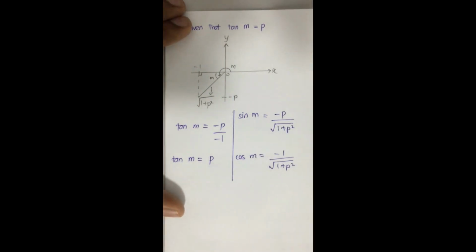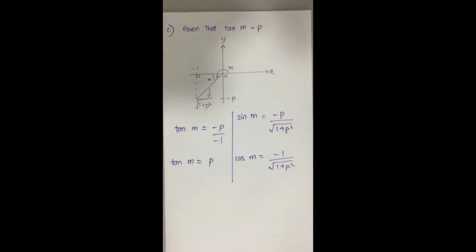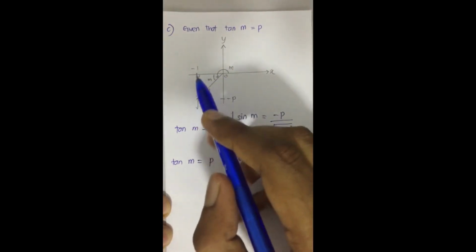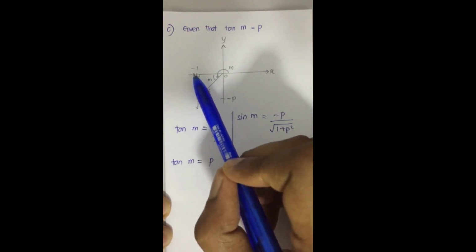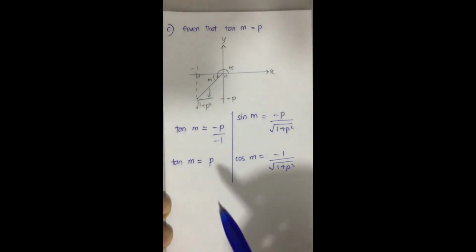So this is the reason why I recommend the students to sketch the basic Cartesian plane, and from here you form a right angle triangle. Once you form the vertical and horizontal distances and find the hypotenuse, the rest is very simple, guys.